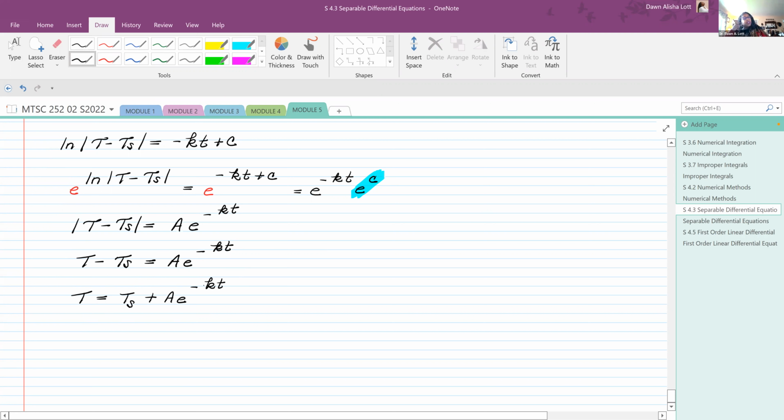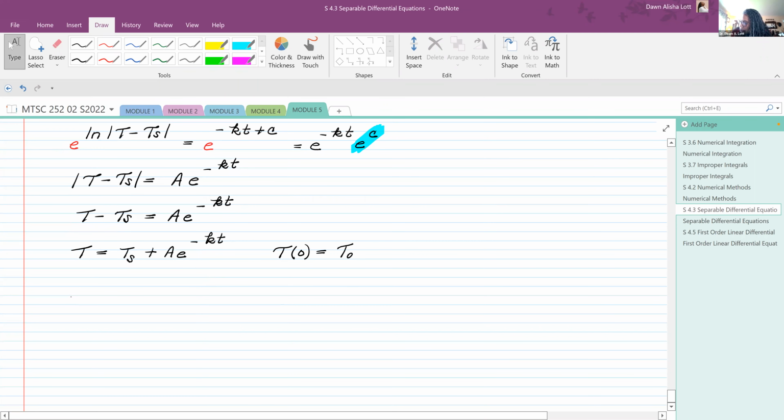Now, this is only helpful if I know what the temperature of the object is at the beginning. So we're going to say T of 0, that's the temperature at the initial start of our examination of this object, is T naught, which we called its initial temperature. So I'm going to plug that in.